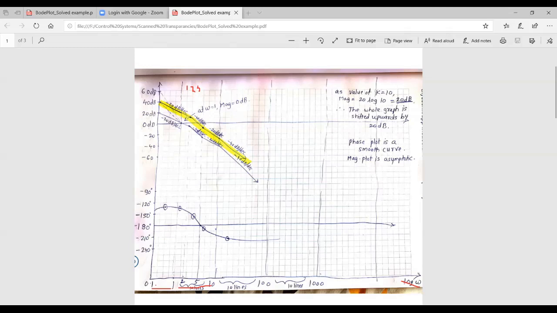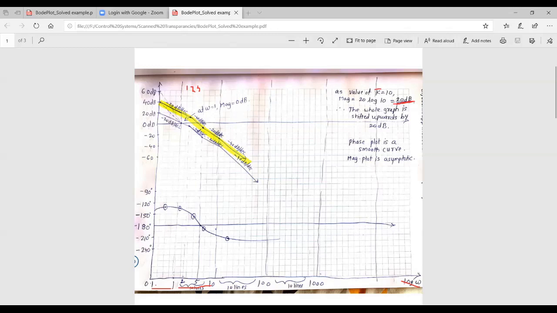Now K is equal to 10, and the actual magnitude in dB would be 20 log of 10, that is equal to 20 dB. I have written so on the right side. Now your magnitude plot should have the effect of K for all the frequencies, because it is independent of the frequency. Whatever frequency you are working at, the effect of K or open loop gain will be there.